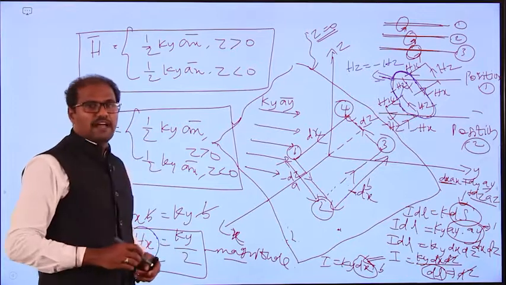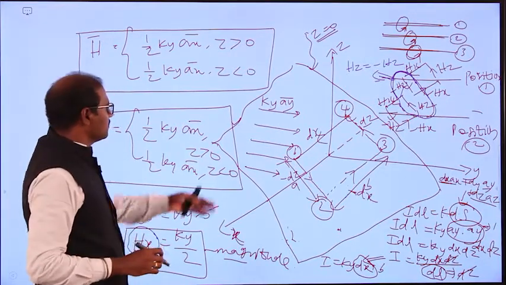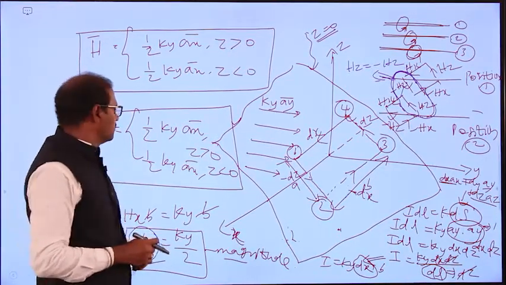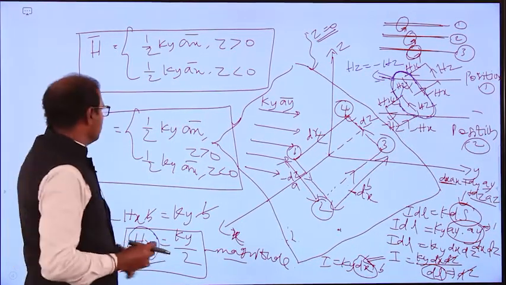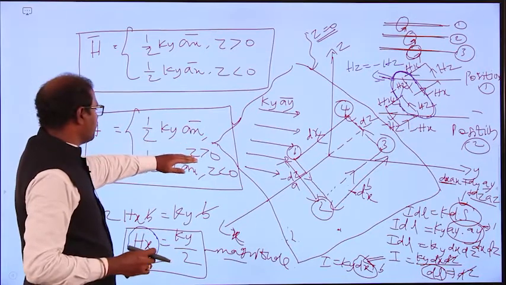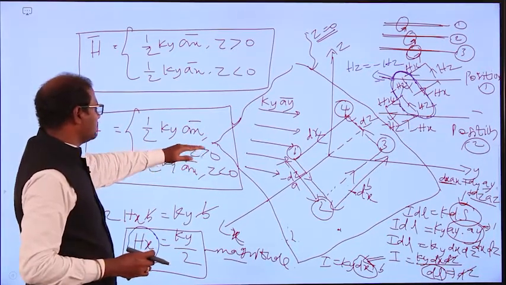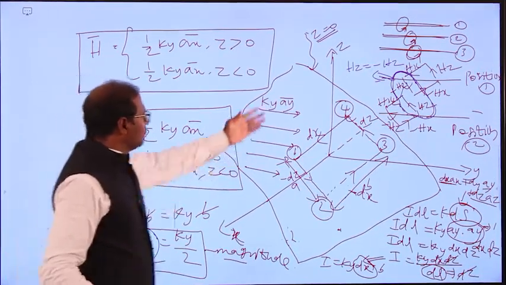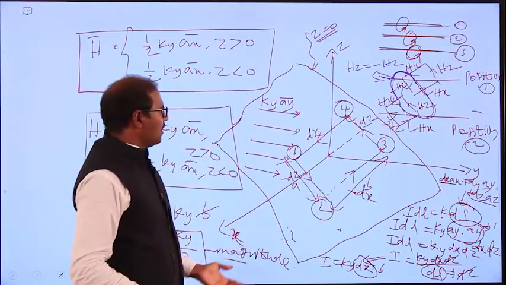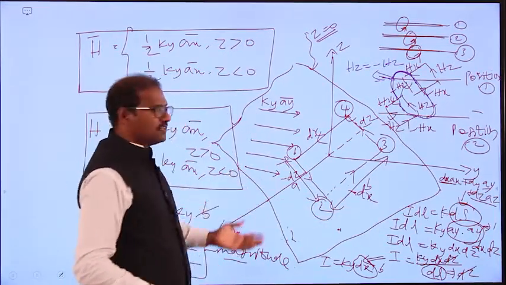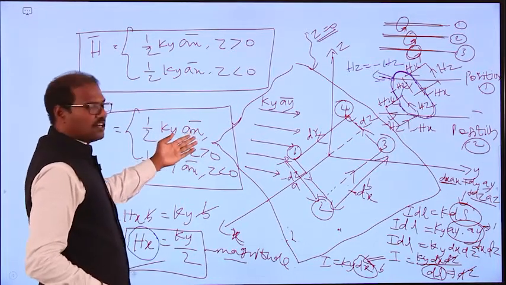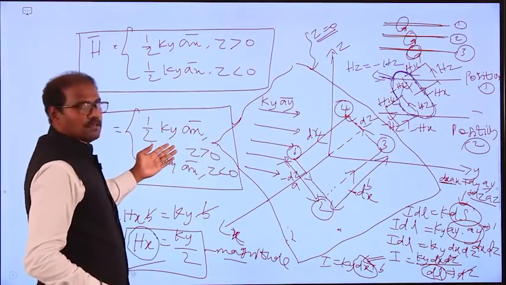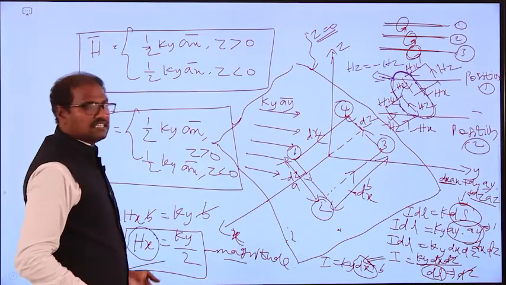This is the magnetic field intensity of the infinite sheet of current. Why am I giving two conditions, z greater than 0 and z less than 0? Because the infinite sheet is in the xy plane, the unit vector is in the x direction, the current is moving in the y direction, and z is equal to 0.